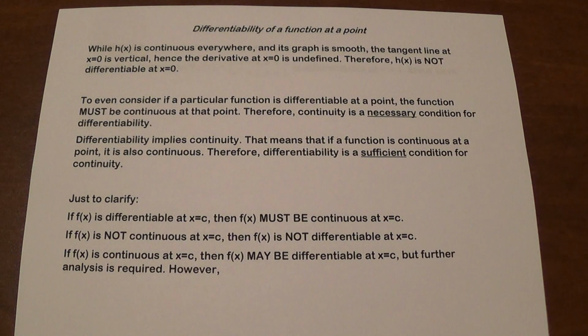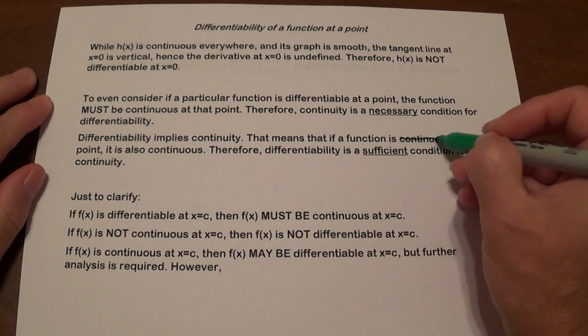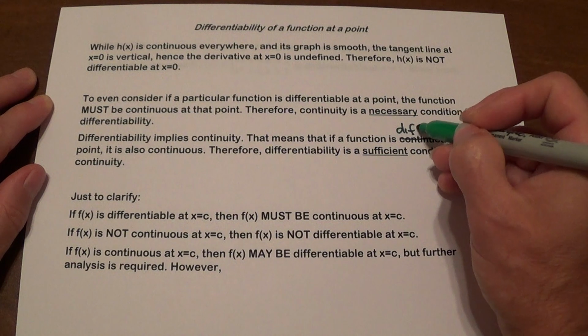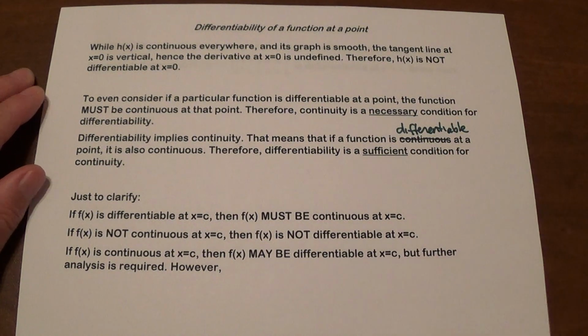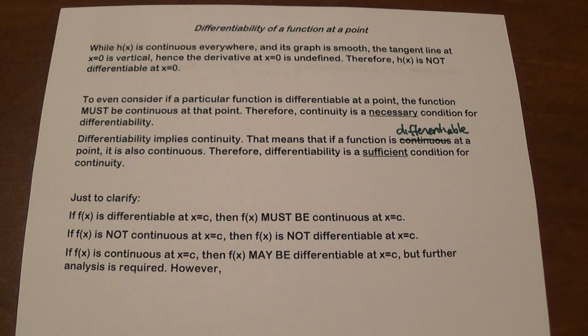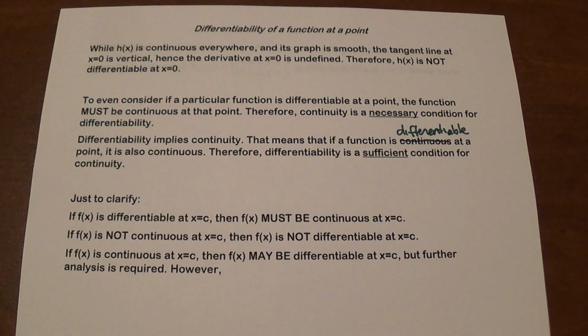Differentiability in turn is going to automatically imply continuity. That means if the function is continuous, is differentiable, my apologies, it should say differentiable. If the function is differentiable, it will be continuous. Okay, so differentiability is going to be a sufficient condition for continuity. So here's what we're going to conclude so far.